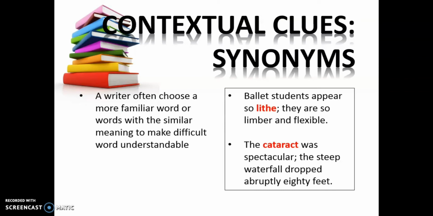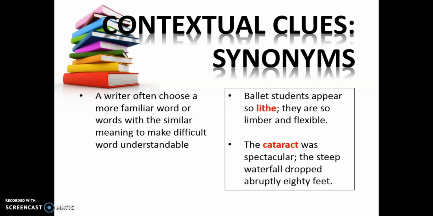As for the second example, the cataract was spectacular. The steep waterfall dropped abruptly 80 feet. Maybe you were wondering, cataract normally refers to layers of a person's eye that prevent them from seeing properly because of maybe age or due to illness.